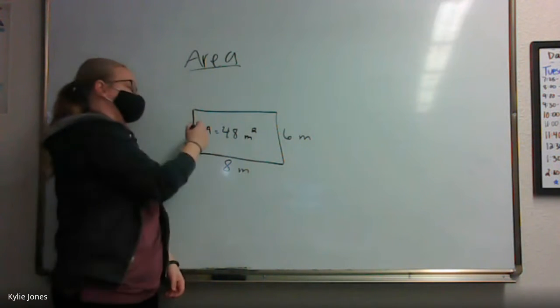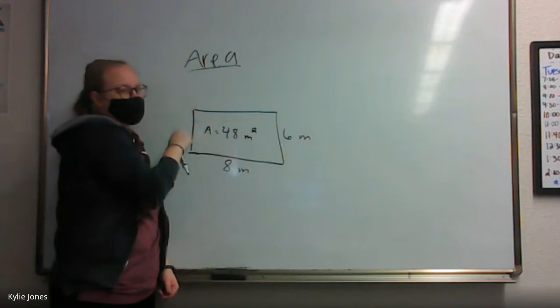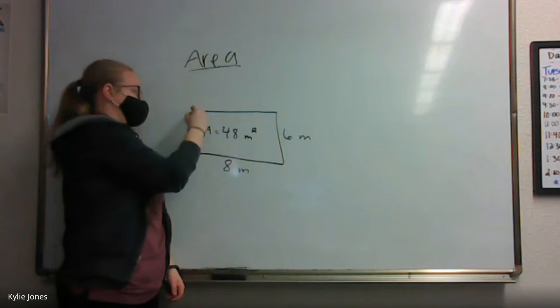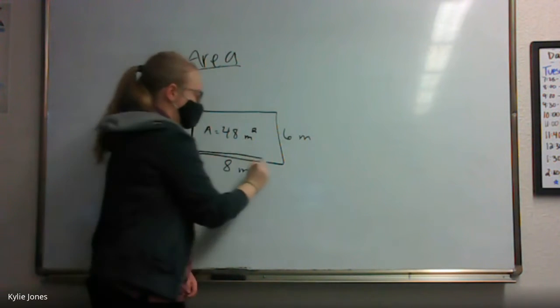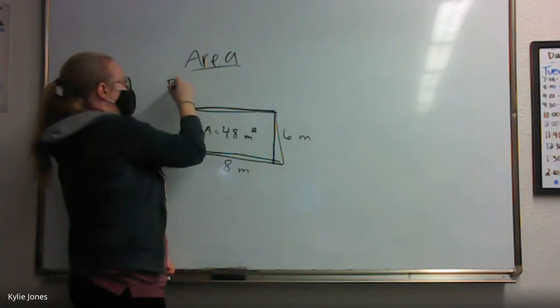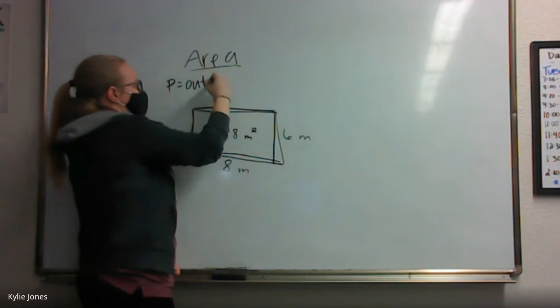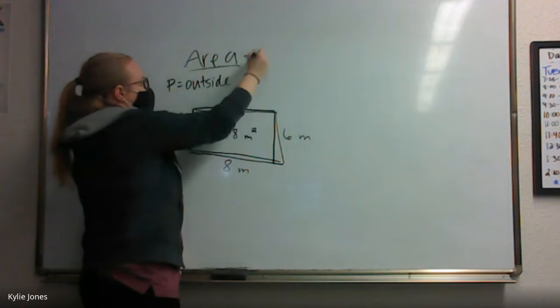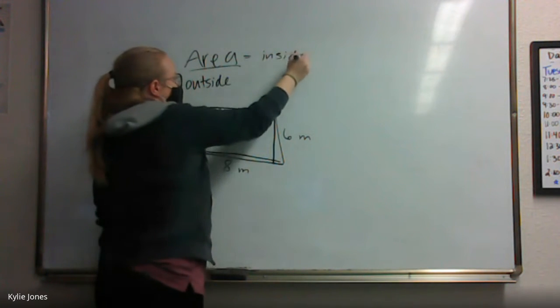The area is the inside, but the perimeter is the what? The outside. It's the length of all of the sides. So perimeter goes around the outside. Area is the inside.